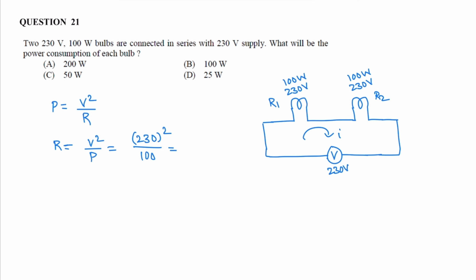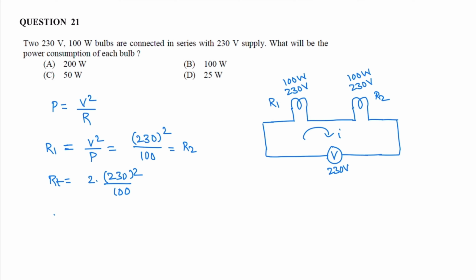So now R1 is V square by P. Similarly, that is equal to R2, for bulb 2 also same rating it is given. Now total resistance RT is R1 plus R2, that is 2 into 230 whole square by 100.